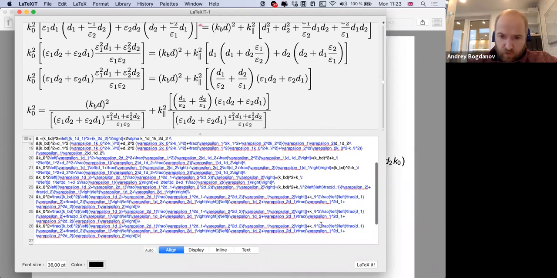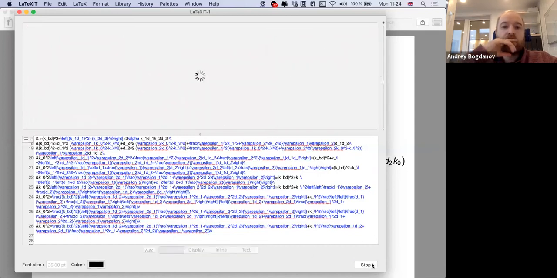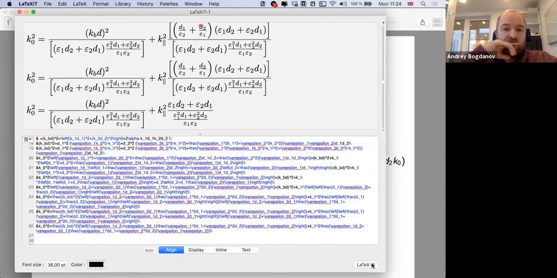Okay, let me here fraction. I don't need this fraction. Yes, like this one.